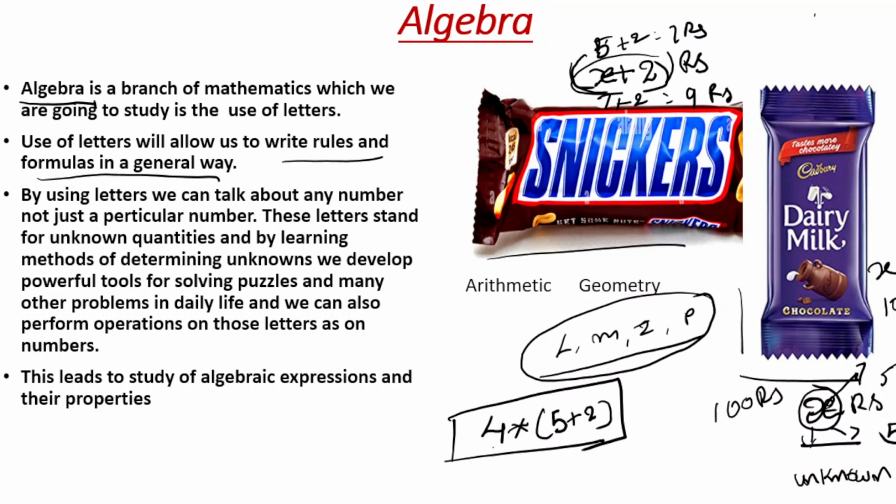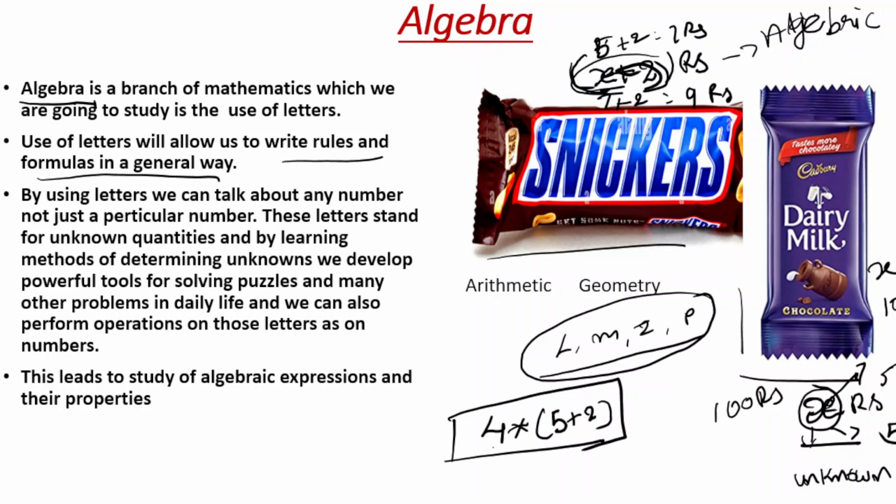Here, 4 into 5 plus 2 is an arithmetic expression, because we are using all numbers, but here x plus 2 is called an algebraic expression, because we are using letters to perform the operations.